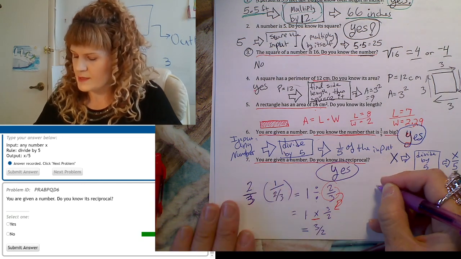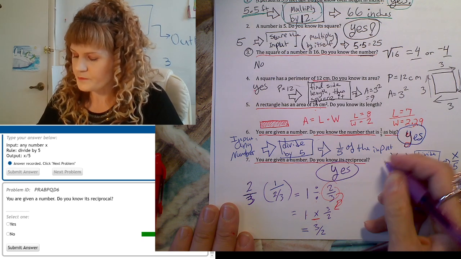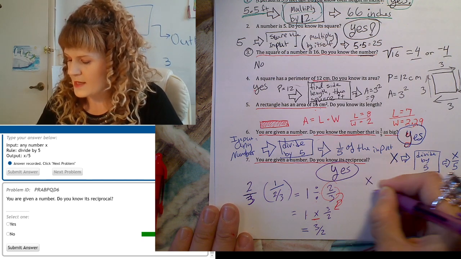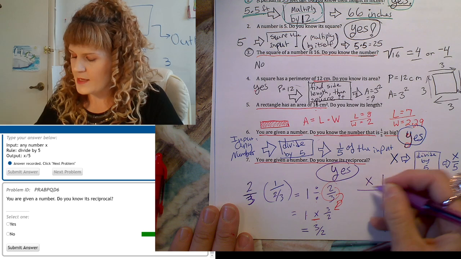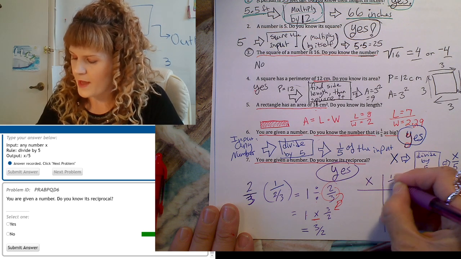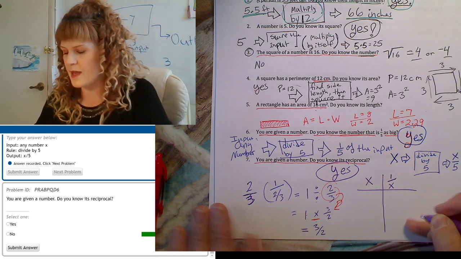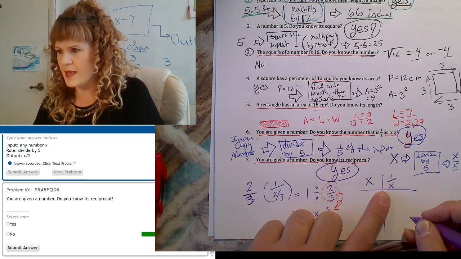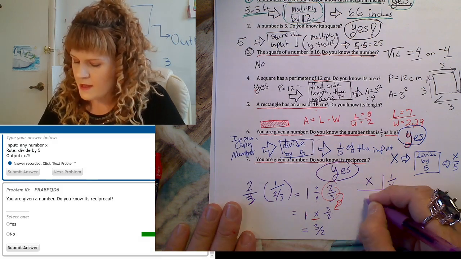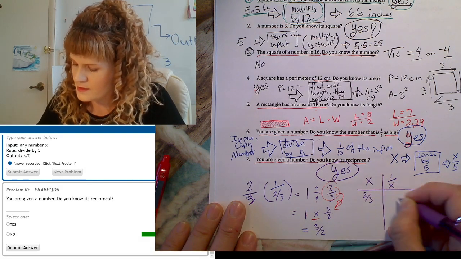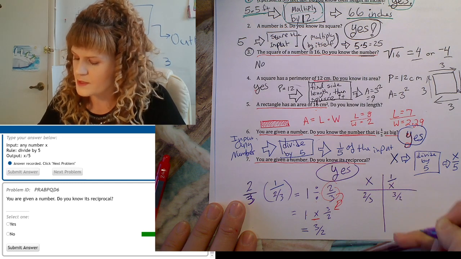Let me give you a list of reciprocals really quickly. Here's going to be x, and that's any number, and then 1 over x means the reciprocal. So don't forget, 1 divided by x is the reciprocal. If x is 2/3, the reciprocal is 3/2.